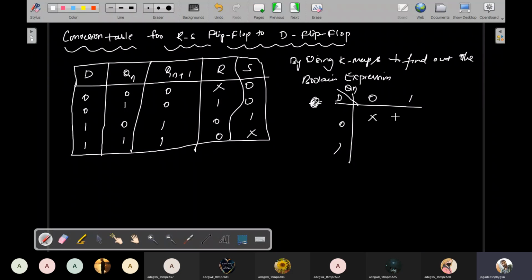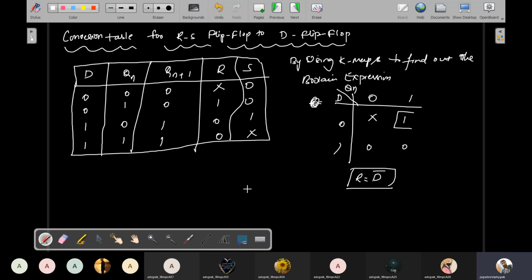If Qn is 0 and D is 1, the R value is 1. If D is 1 and Qn is 0, the R value is 0, and if both are 1, the R value is simply 0. So you have only one possibility, and from this possibility R is equal to Qn bar, which is nothing but D bar. R is represented by the Boolean expression D bar.